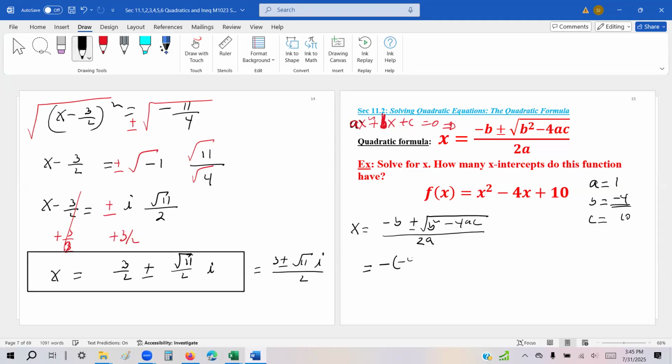So negative 4 plus minus negative 4 squared, minus 4 times a. What is a? And c? 10. Whole thing, not half. You divide by 2 times 1.